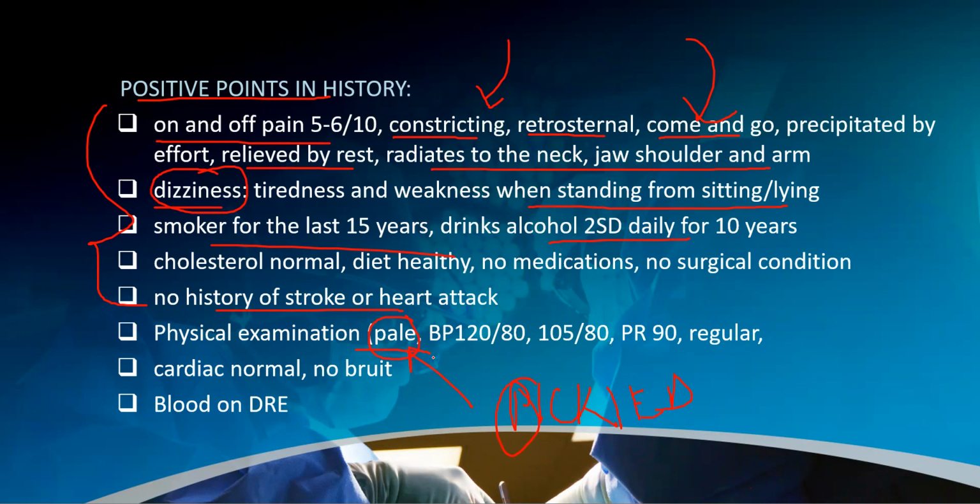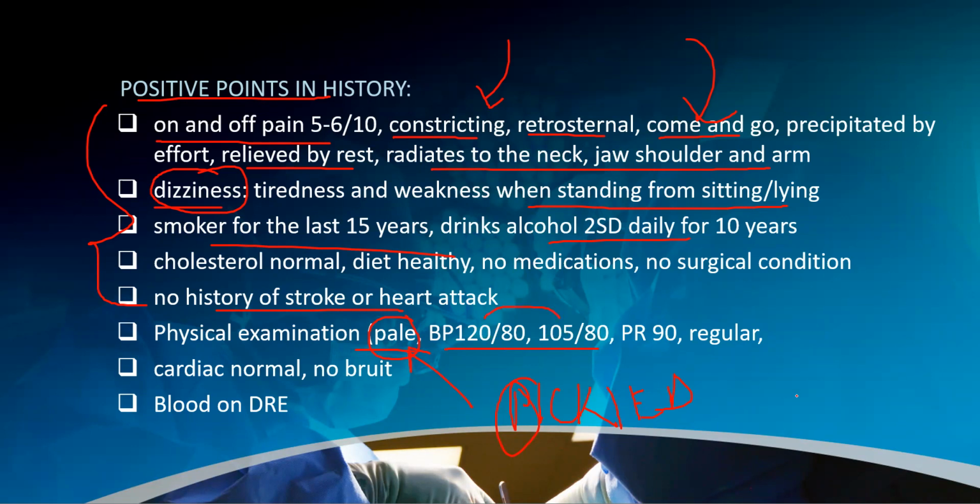So obviously, when you check blood pressure, for anyone having dizziness, you should always check blood pressure in both standing and sitting position. So that's why you ask for both. So I would like to know the blood pressure in both standing and sitting position. Now you can see 120 by 80, 105 by 80.